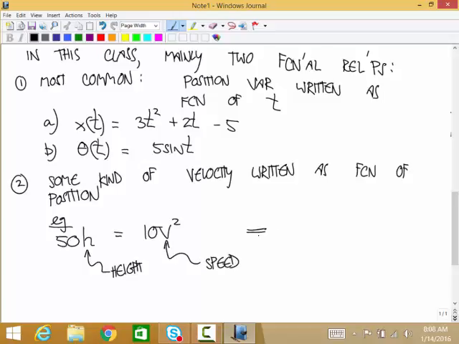And if you wrote that as a function, you'd get something like speed as a function of h is equal to the positive square root of 5h. Okay. So those are really the two independent variables that we're going to see. Time and then some kind of position quantity. And if the independent variable is a position quantity, then usually the dependent variable is going to be some kind of velocity.